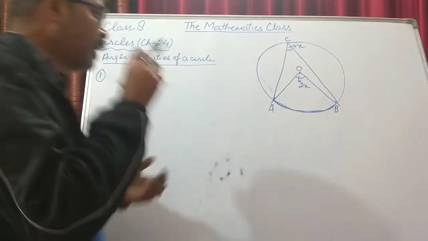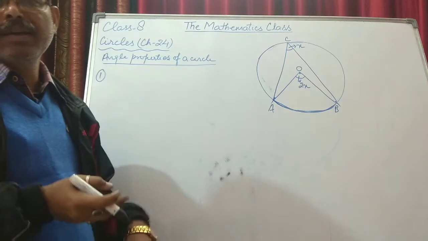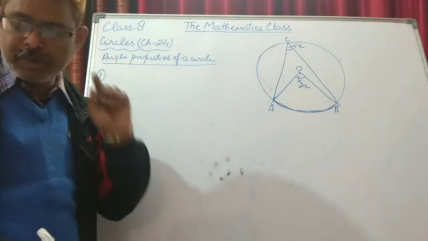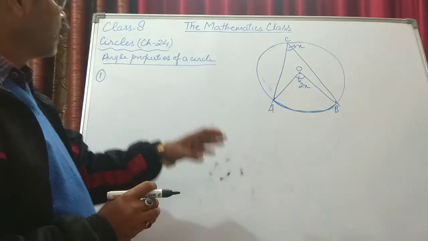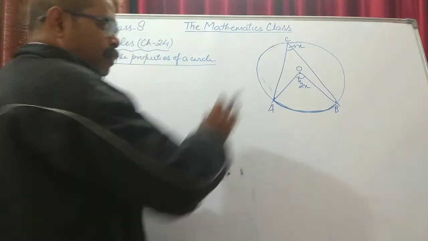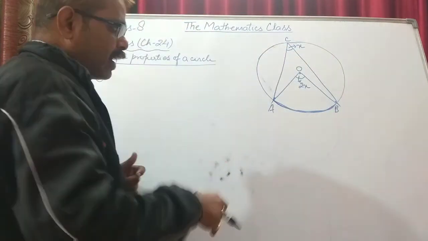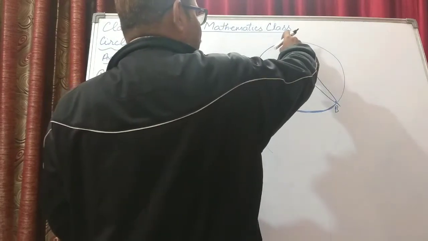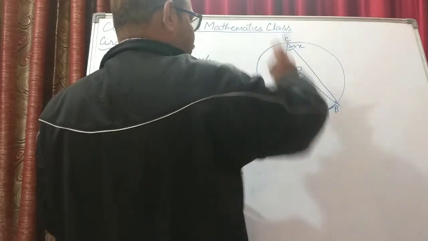So the angle made at the circumference will be half of the angle made at the center by the same arc. So the first property that you need to remember is that the angle made by an arc at the center is twice the angle made by the same arc on the other part of the circle, or on the circumference.